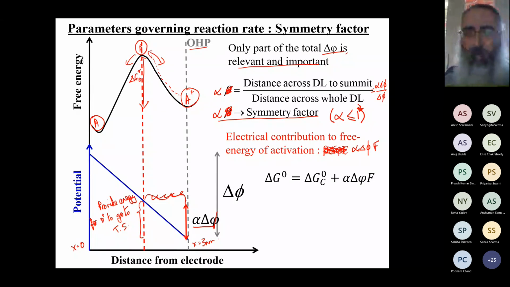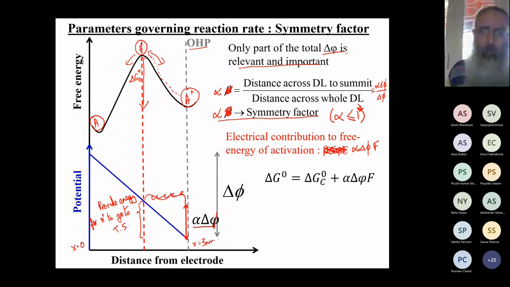Let us put that down and simultaneously validate that statement right away: that alpha has to be necessarily at most 1. You can't have alpha greater than 1. Absolutely not possible. If you have the energy equivalent of delta phi that is available across the interface, and you need energy which is more than the energy equivalent of delta phi for it to cross over the summit, then the reaction is not going to happen.